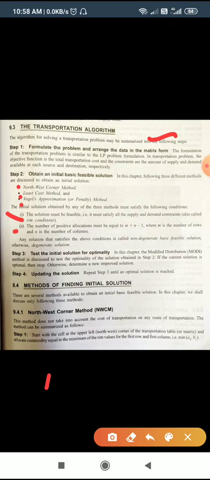After that, we find the optimal solution using two methods, modified distribution method or stepping stone method. One of them is used to find the optimal solution.